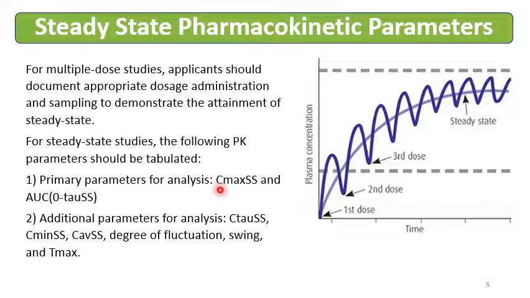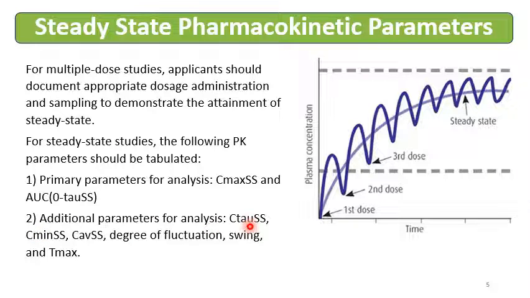So primary parameters will be Cmax SS and AUC 0 to tau. AUC 0 to tau SS means from this point to this point or this point to this point, the AUC will be calculated and that will be your AUC 0 to tau. 0 to tau means in the interval. Then Cmax SS. What is the Cmax at steady state?